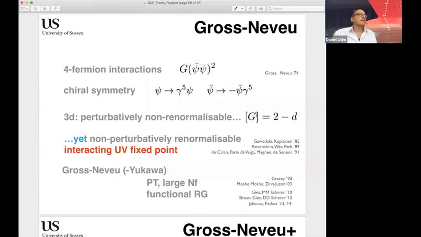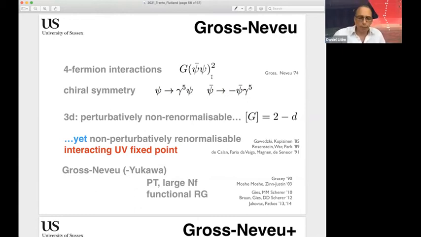So this is by now super established. Many facets of this theory have been looked into, both within perturbation theory, large N_F techniques, but also within the functional RG, and within, say, Gross-Neveu-Yukawa versions of that theory, which consist in bosonizing ψ̄ψ in terms of an additional scalar field.